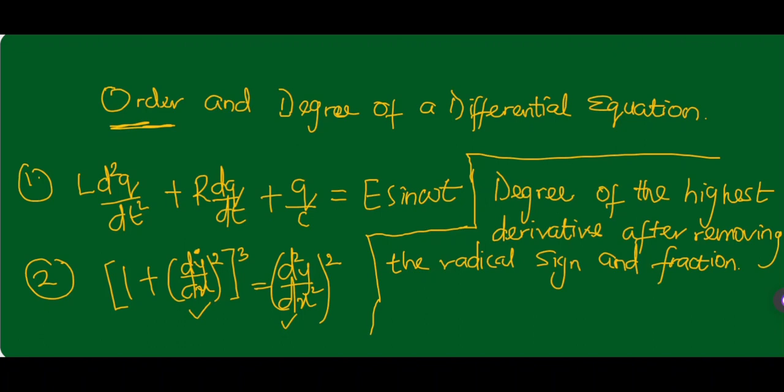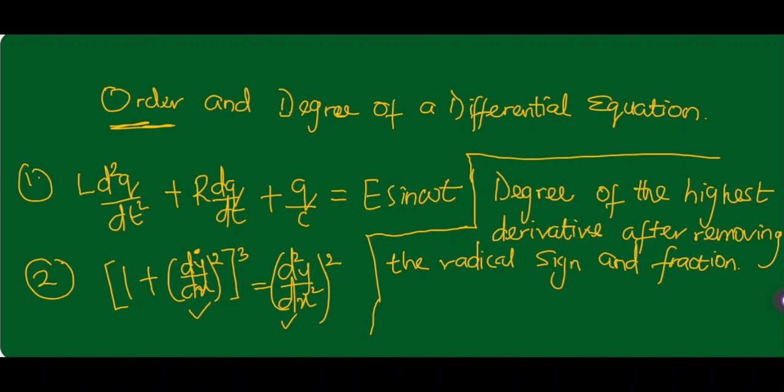You can see that for the first equation there is no radical sign and no fraction, so that has been taken care of. So the degree of this differential equation is going to be 1, because the power to which d squared q/dt squared is raised after removing the radical sign and the fraction is also 1.